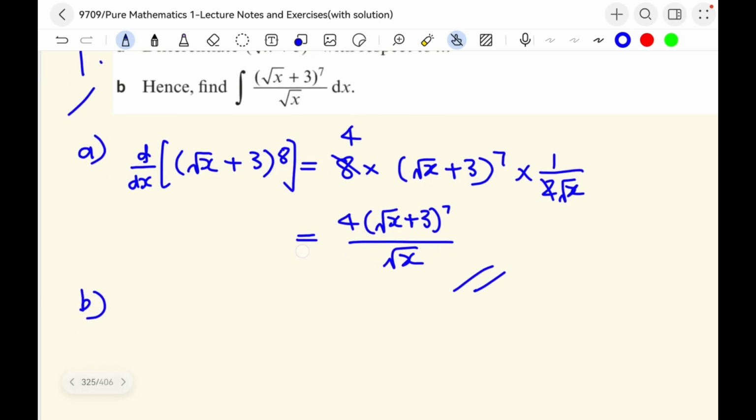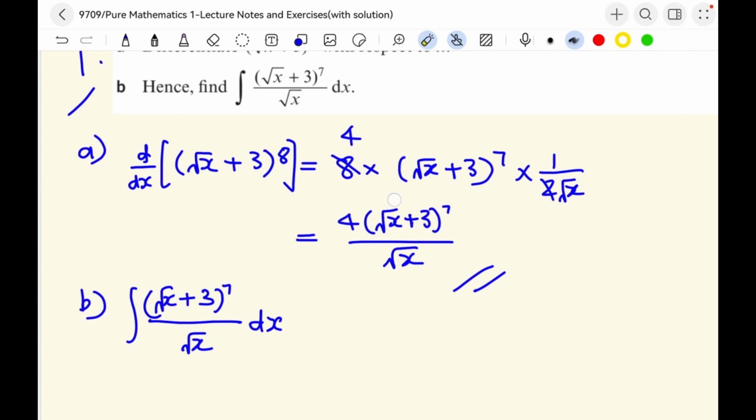B. Hence, find the integral of the following function. What you can see over here is that we must know the fact that integration is the reverse process of differentiation, or we can call it the antiderivative. So take the integration, rewrite the integration inside your solution. What you can compare here, compared to the last part, is that you are missing a 4, right? So multiply by 4 at both the denominator and numerator, and you will get something like this.